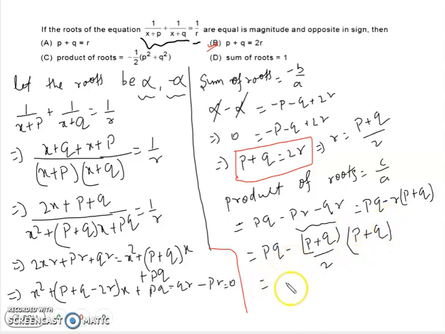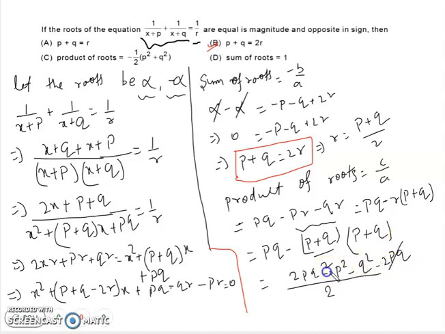So after taking the LCM, this is 2 and this is 2pq, and it becomes a plus b into a plus b. So you can say that a plus b whole square, right? So after opening the brackets, you can write minus p square minus q square minus 2pq, right?